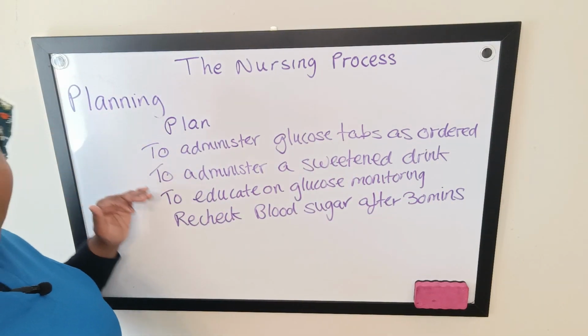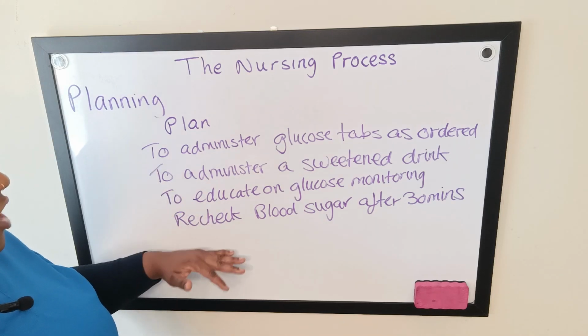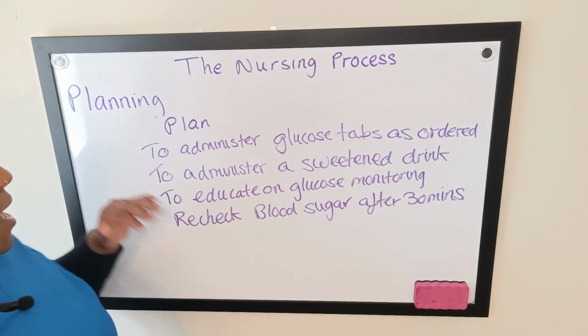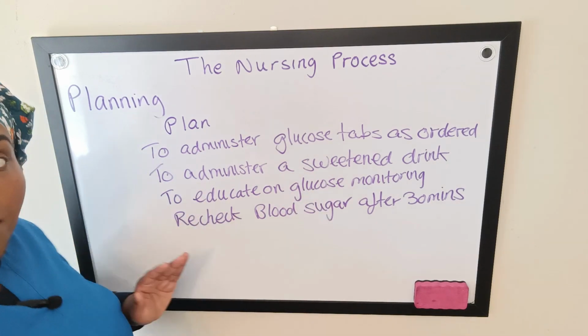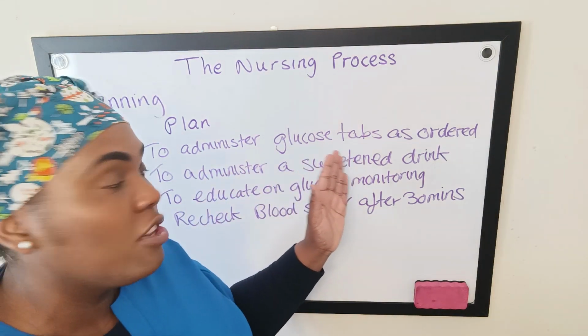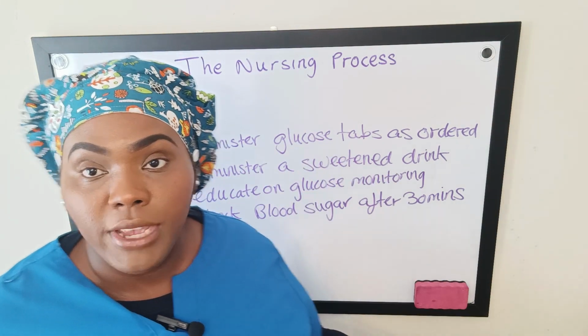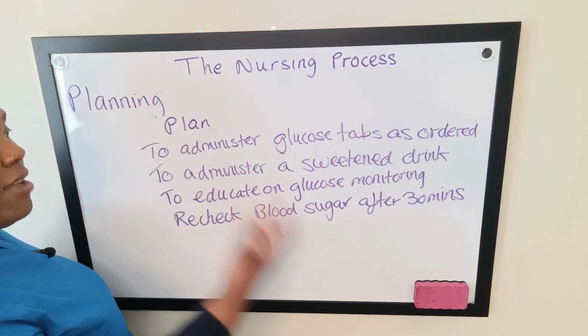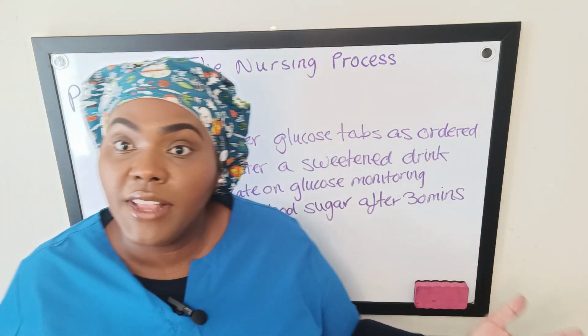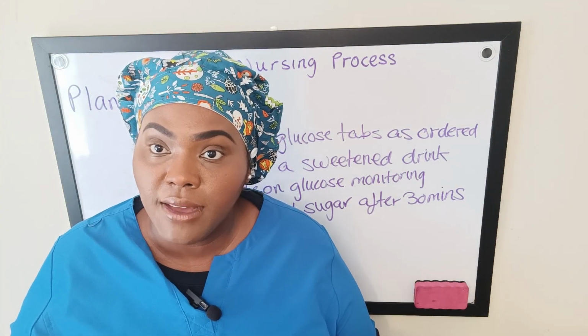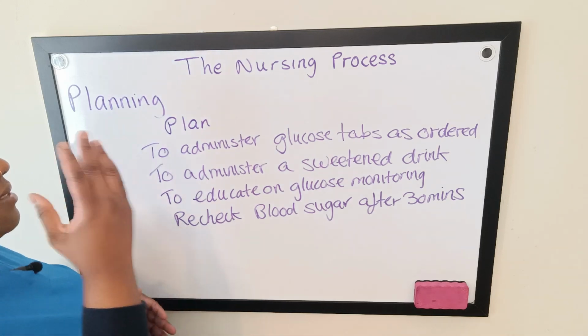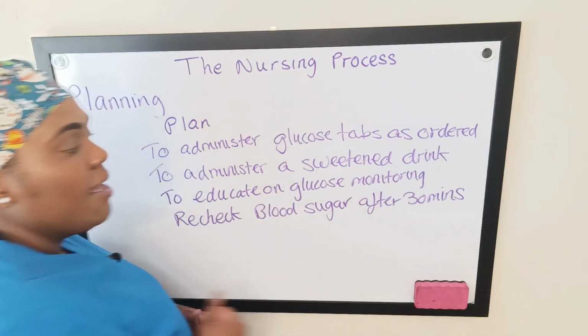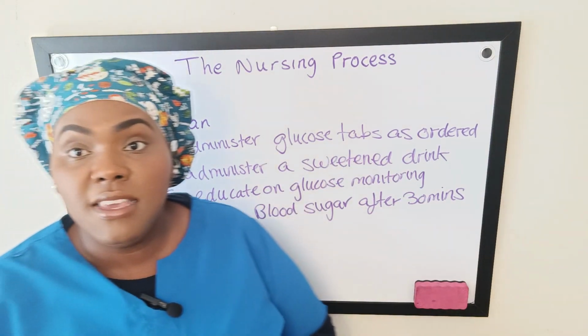It is a measurable situation because we're going to be checking the blood sugar after 30 minutes. It is attainable because the blood sugar will go up after giving the patient glucose tabs or a sweetened drink. And it is relevant to the situation because our patient is having an episode of hypoglycemia, as well as it is timed because we have a time here. We are rechecking it after 30 minutes.